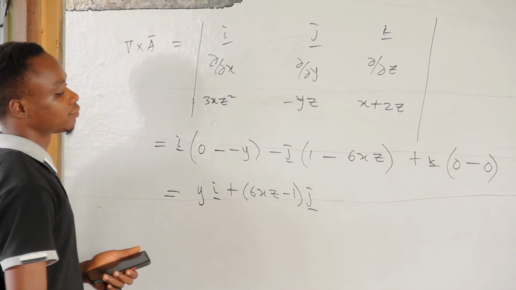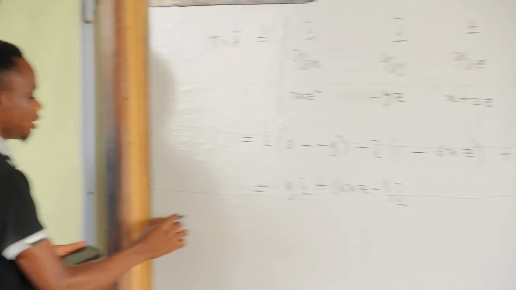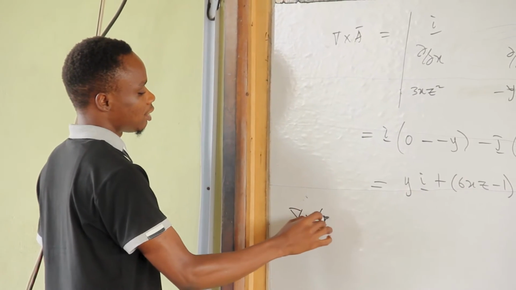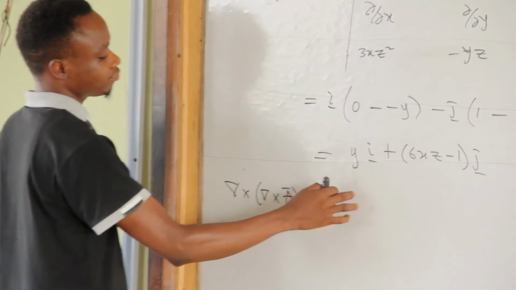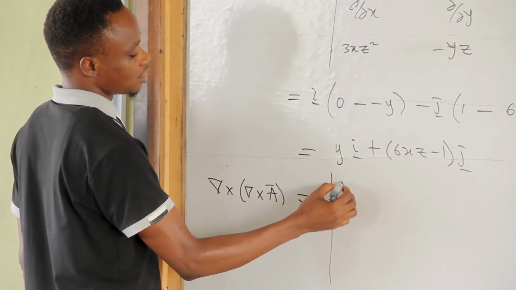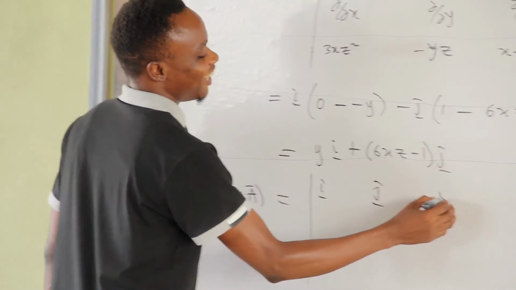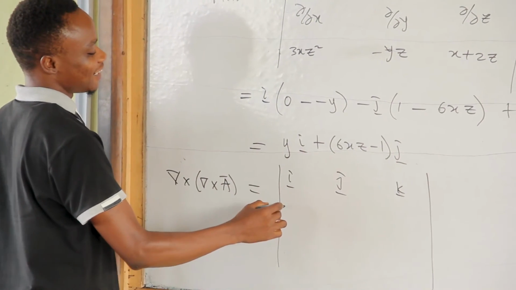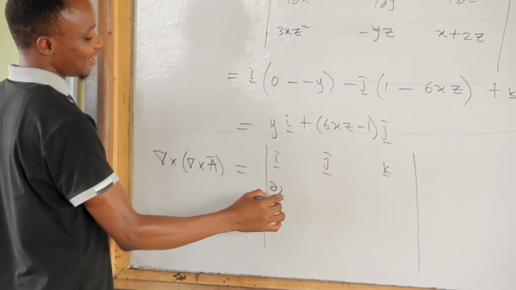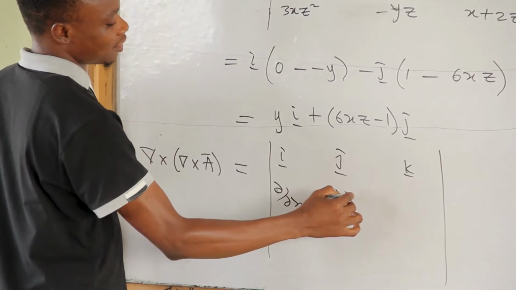Is that fair? So you can take the nabla of that. This is going to give us y, 6x minus 1, with del del x, del del y, del del z.